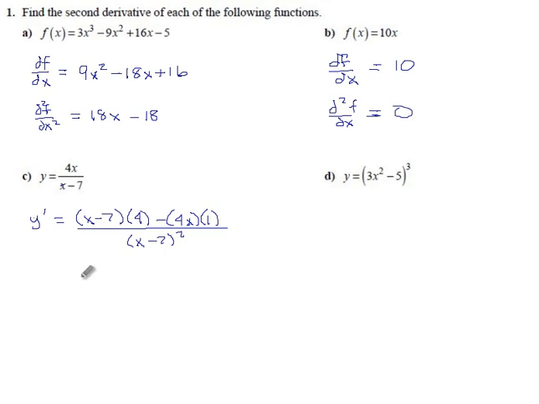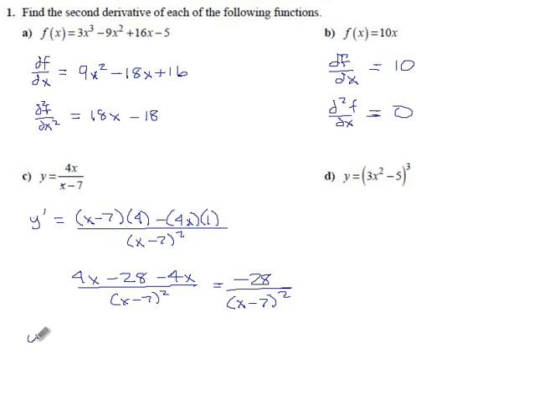That cleans up to 4x minus 28 minus 4x all over x minus 7 all squared, which is minus 28 over x minus 7 squared.